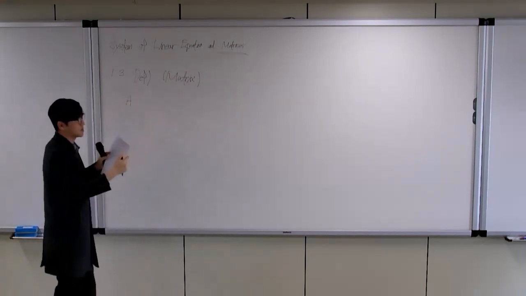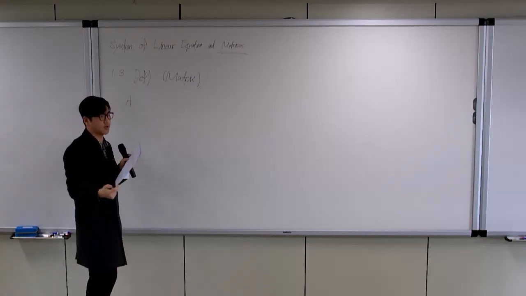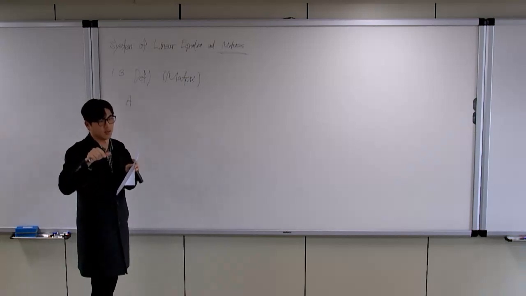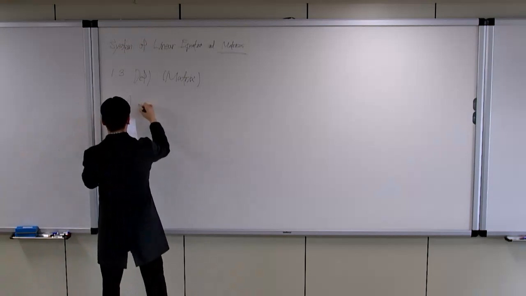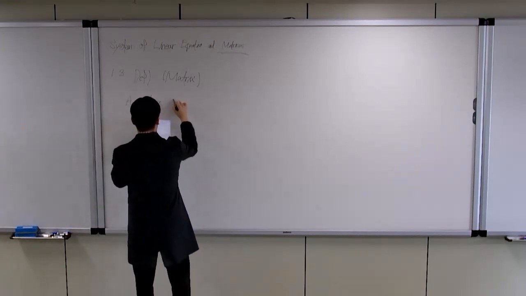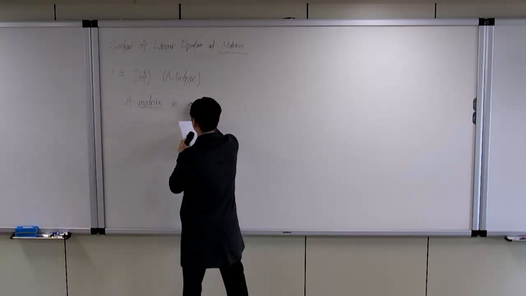A matrix is an array of numbers, and this array is positioned in a rectangle. So we define a matrix as a rectangular array.